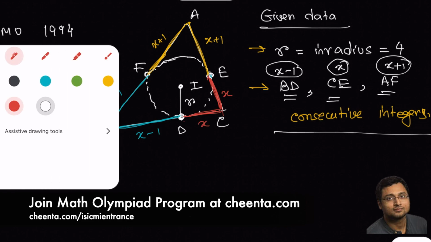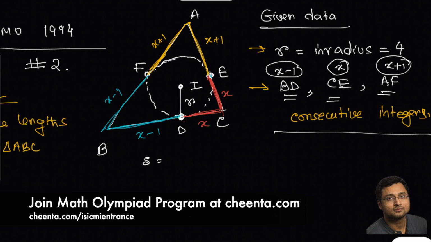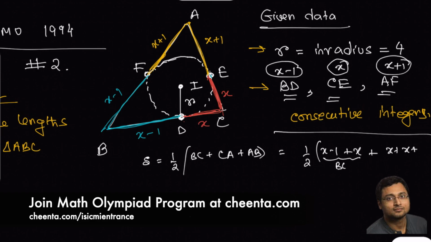Let's quickly compute the semi-perimeter, the small s, which is half the side lengths BC plus CA plus AB, which is half of x minus 1 plus x, this is BC, plus x plus 1 plus x, wait, plus x plus 1, this is CA, plus x plus 1 plus x minus 1, this is AB. So stuff cancels off, minus 1 plus 1 cancels off, plus 1 minus 1 cancels off.